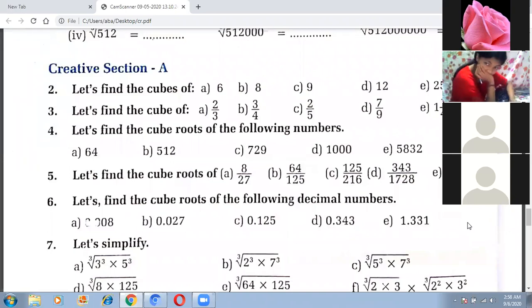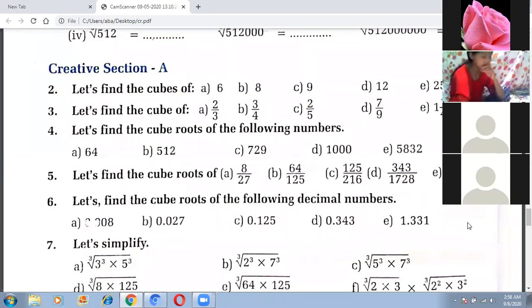Now what is the difference of these two sums? 4 minus 4 equals 0. If the difference is 0, the given number is divisible by 11. So it is divisible by 11.